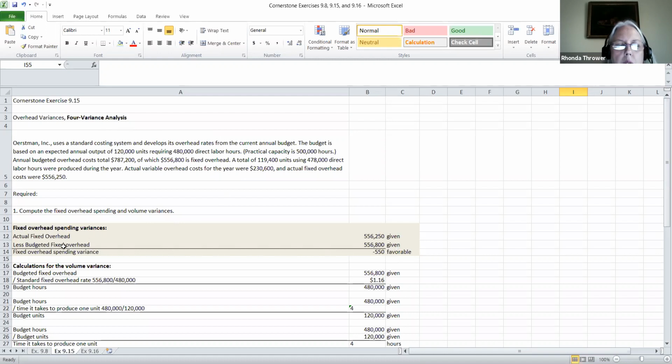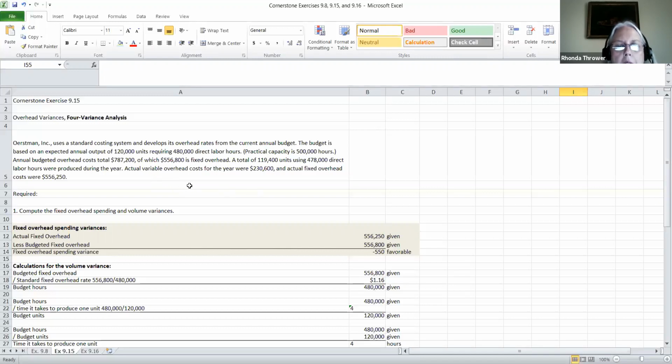The first variance we're going to look at is the fixed overhead spending variance. This is the formula that you need to know to get your fixed overhead spending variance. We're going to take our actual fixed overhead and compare it to our budgeted fixed overhead. So both of these were given.